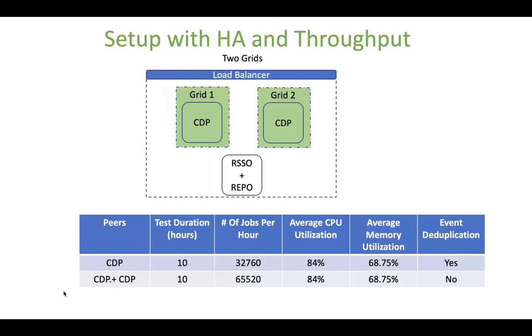So that's why you see in the last column, the event deduplication, it says no, okay, you don't have event deduplication. So if you have monitor adapters, you have to be very careful and decide how we go about doing this, right? The simplest answer would be, if you have monitor adapters, I would suggest not using this architecture.